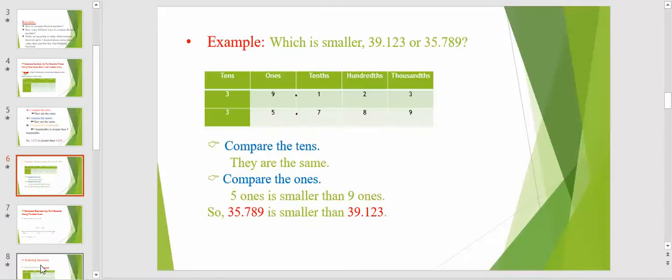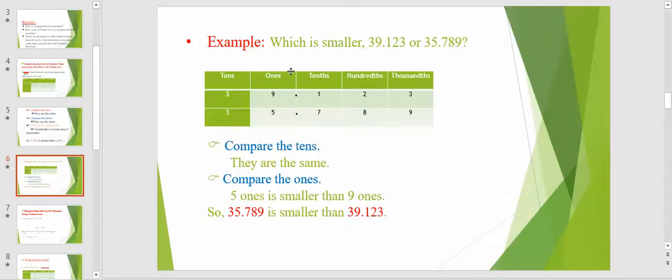Okay, let's continue with another example. Which is smaller, 39.123 or 35.789? Let's look together, think a moment, and choose one answer. Okay, let's start together. Compare. We have to write the whole place value chart there.